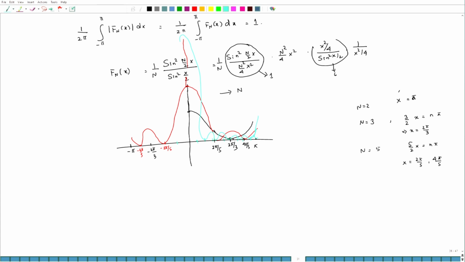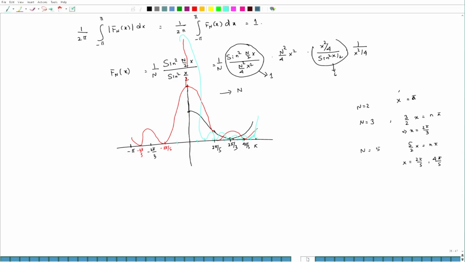So, if we take n large, we will have a larger number of zeros, and it is going to oscillate with a lot of zeros, and it is going to pick up at 0, where it takes the value n.